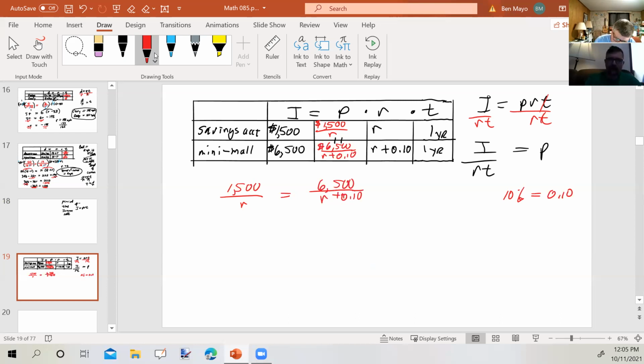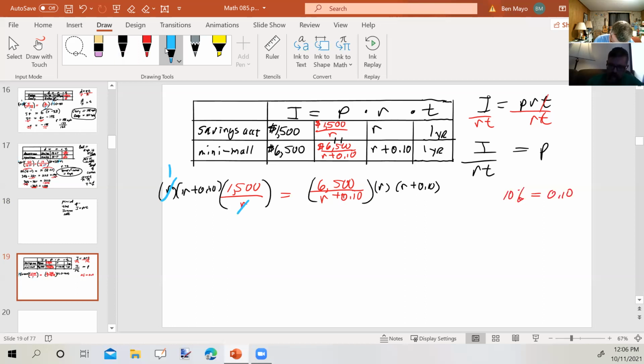All right. So now our LCD is going to be R times R plus 0.10. Okay. On the left side of the equation, the R's reduced down to 1/1, and we're left with 1,500 times R plus 0.10.